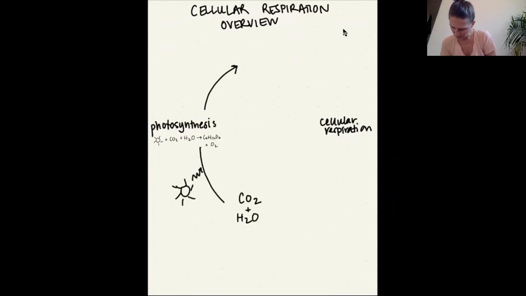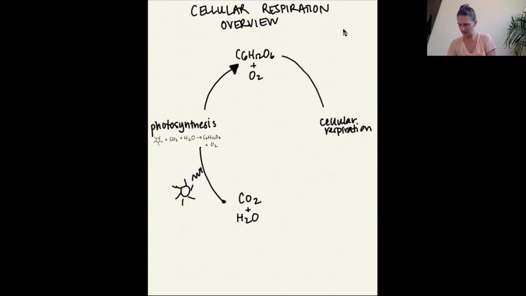The outputs are C6H12O6, so glucose, and oxygen. Anytime I draw an arrow during a reaction, the blunt end is the reactants, and the pointed end is the products, right? So photosynthesis converts carbon dioxide, light, and water into glucose and oxygen.